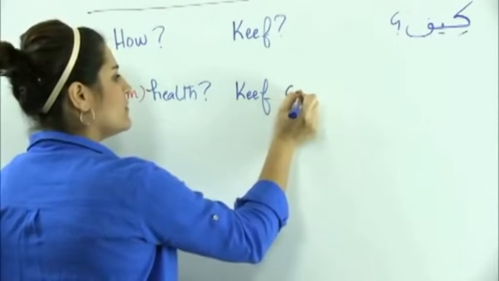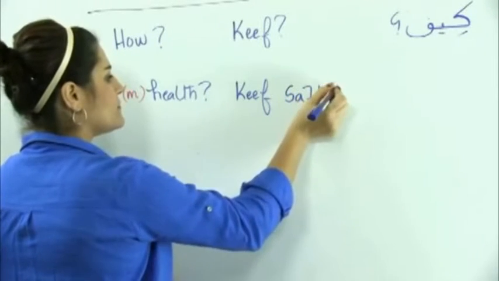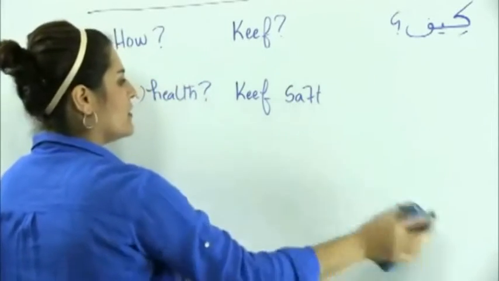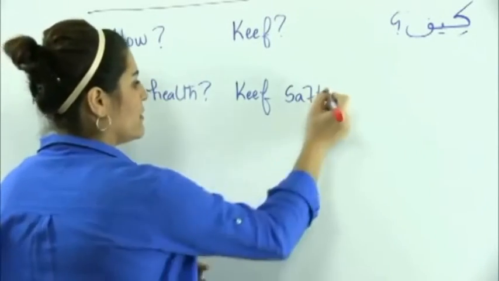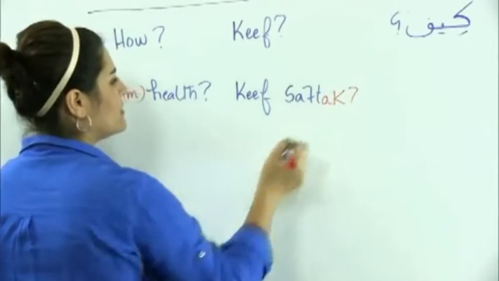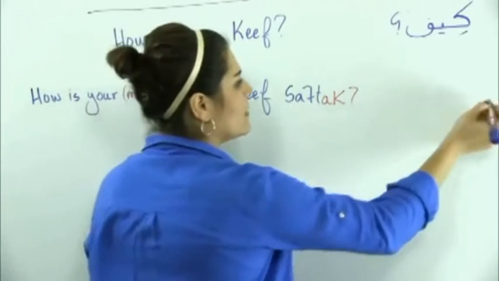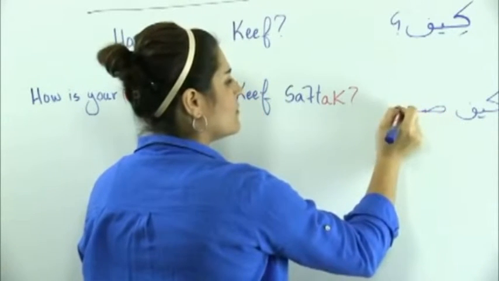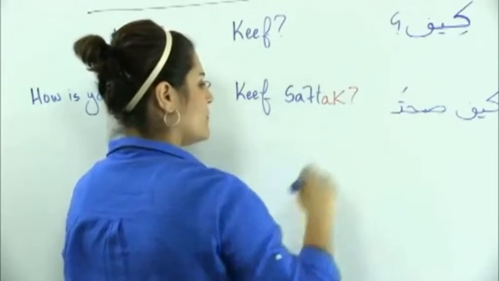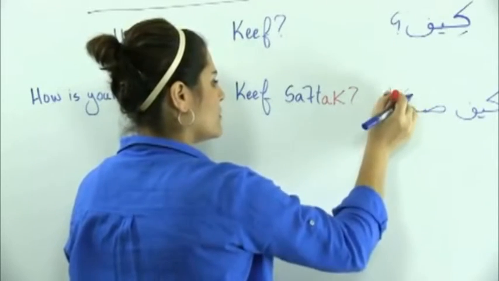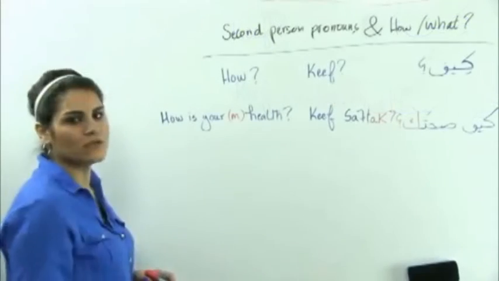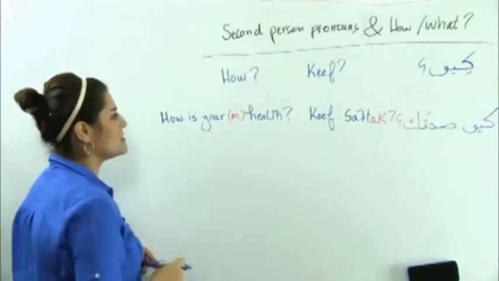So كيف صحتك. I'm gonna write the ak in Arabic in red. كيف صحتك. Now the words are getting bigger, so we don't have much space.